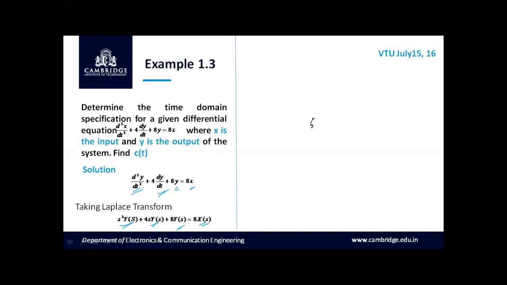Once we have the Laplace transform, we have to calculate the transfer function. We know that the transfer function is given by the Laplace transform of the output divided by the Laplace transform of the input. Here x is the input and y is the output.